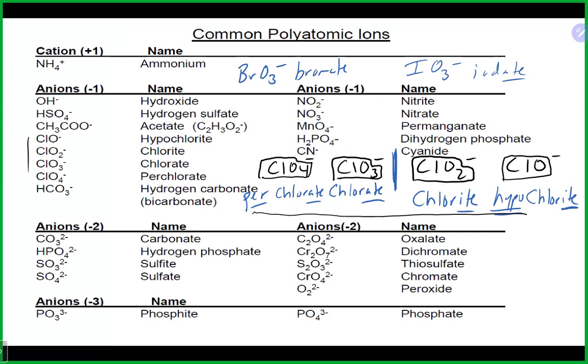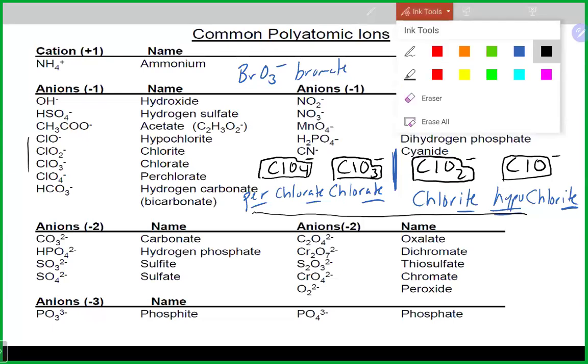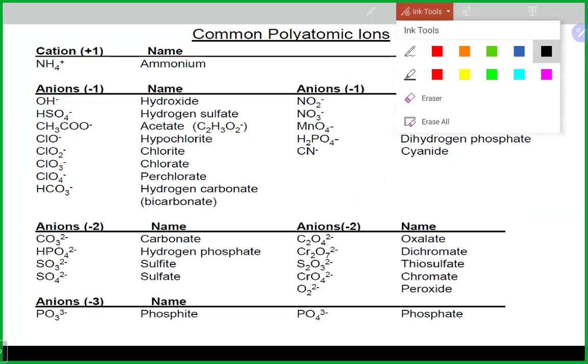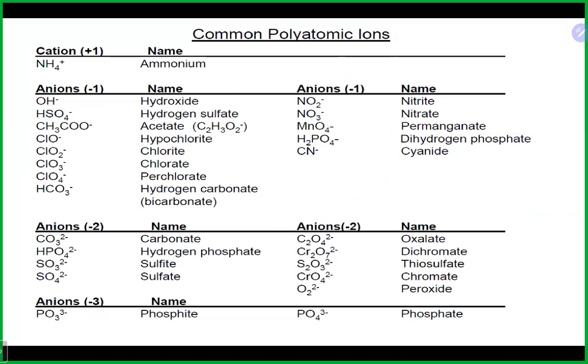Now, although a majority of all polyatomic ions will end in either ate or ite, there are some polyatomic ions that actually end in ide, like what you find on the periodic table. Some common ones that end in ide that you do come across: we have hydroxide, we also have cyanide, and we have azide as well.